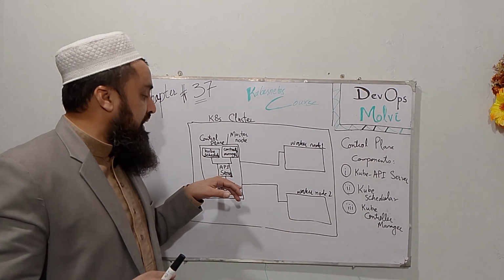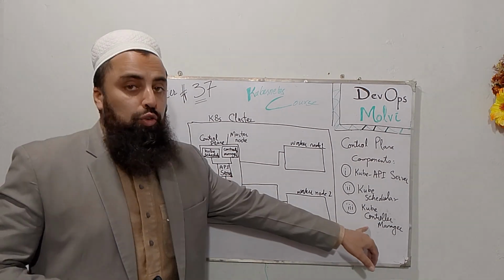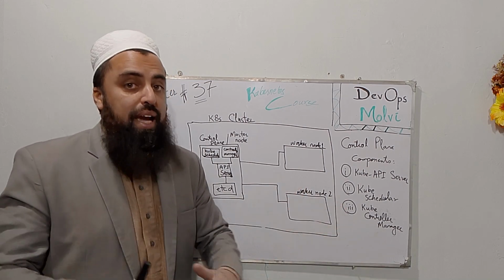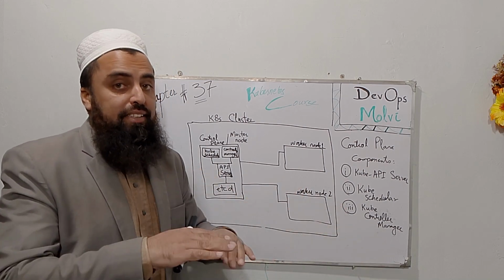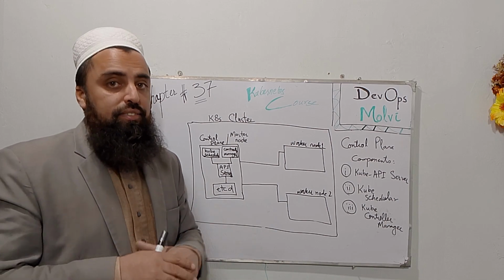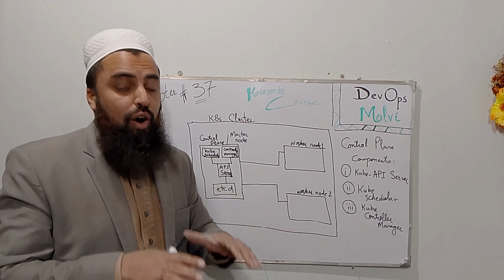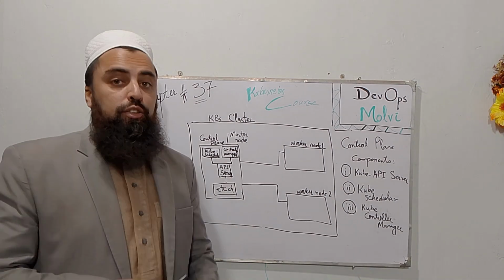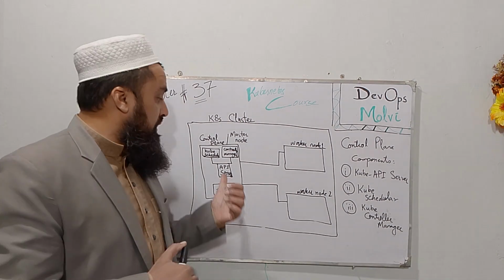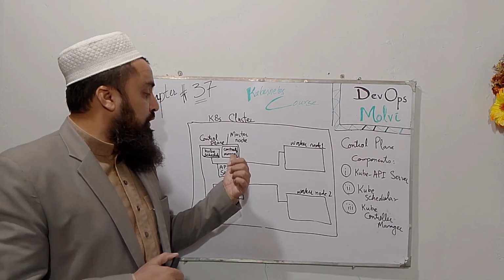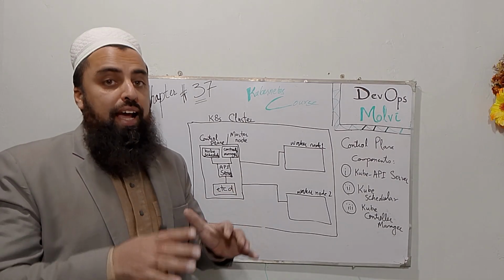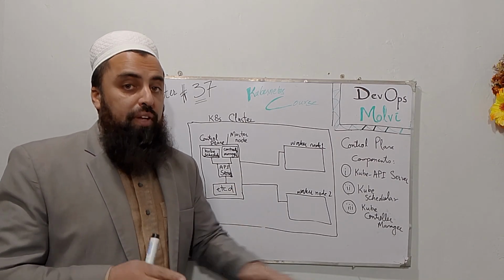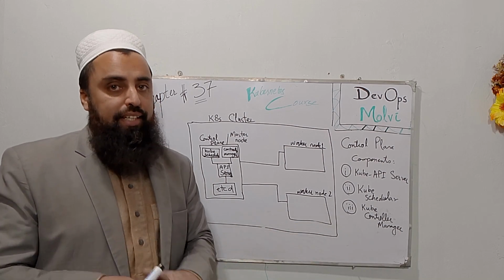With the help of the API server, the Kubernetes controller manager maintains the cluster's health and the current state of the cluster. There are multiple controllers inside this Kube controller manager, and with the help of those controllers, the current state of the Kubernetes cluster is maintained.